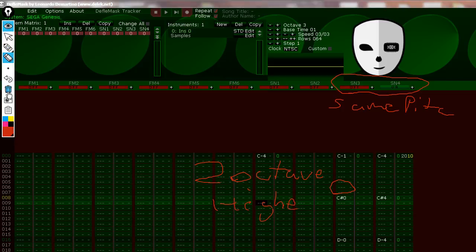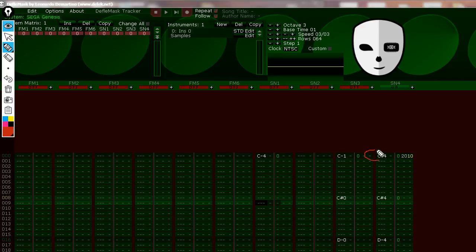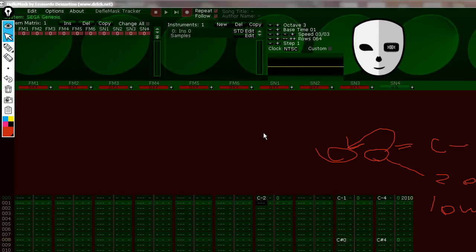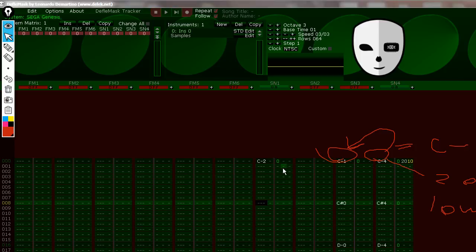So what am I saying here? C4 equals C2 in the pulse channel. So this is always going to be 2 octaves lower than over here. All right? So what am I saying? How do I know this? So C in the second octave is equal to C in the fourth octave in the melodic mode of the noise channel.